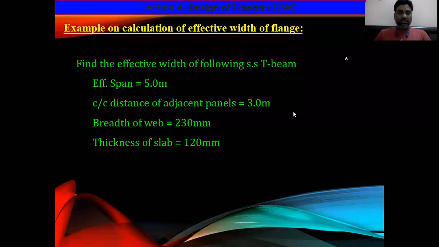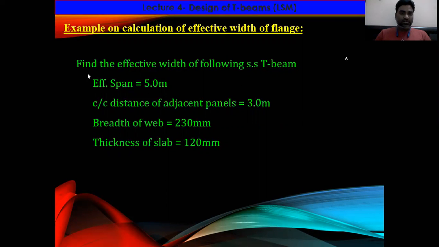Now we'll solve one example problem on determination of the effective width of the flange. In the last class, we discussed what is meant by effective width of the flange and actual width of the flange, and how to determine this for isolated T-beams and L-beams. For better understanding, we'll solve an example problem on determination of effective width of the flange.